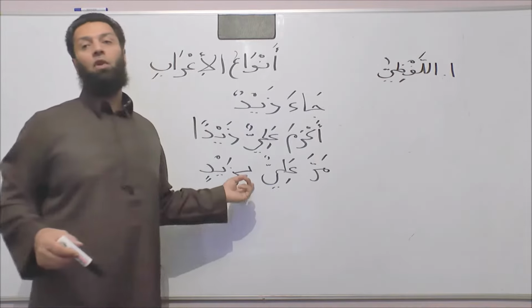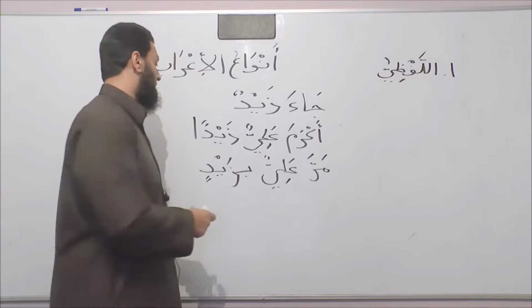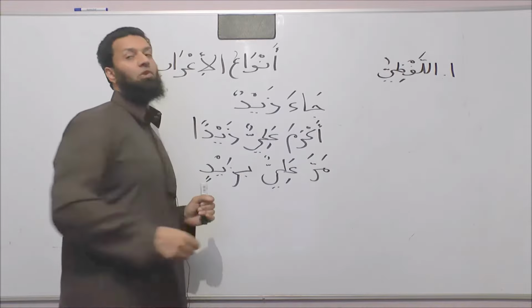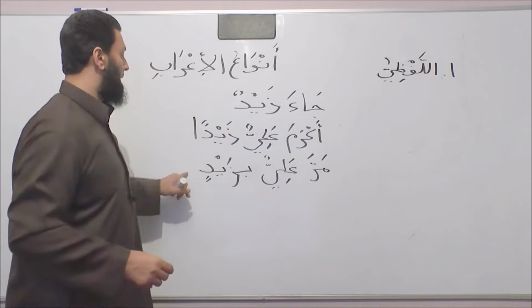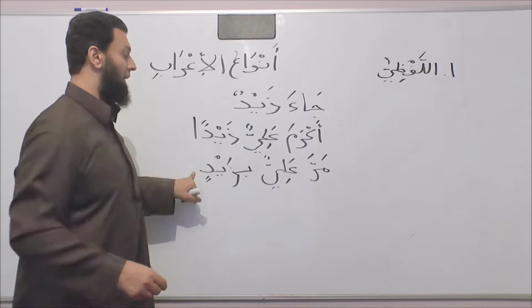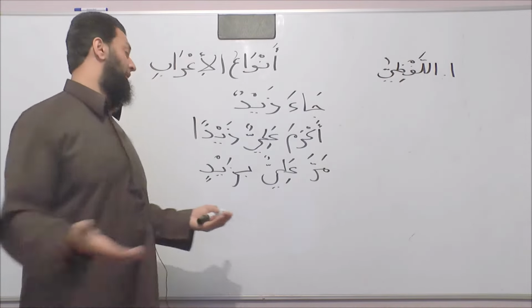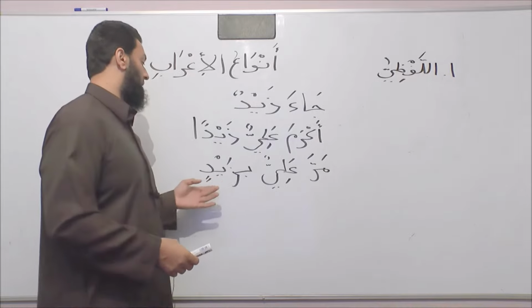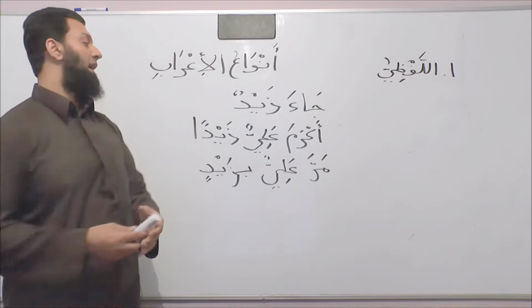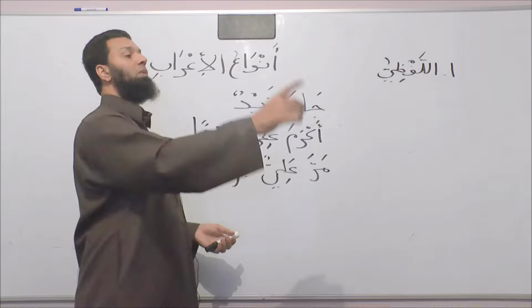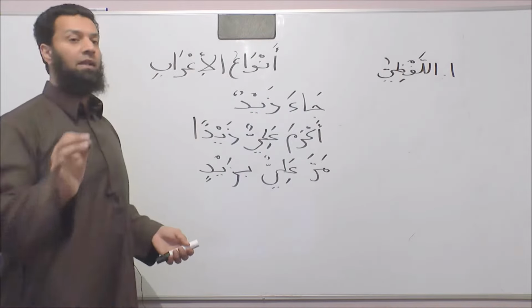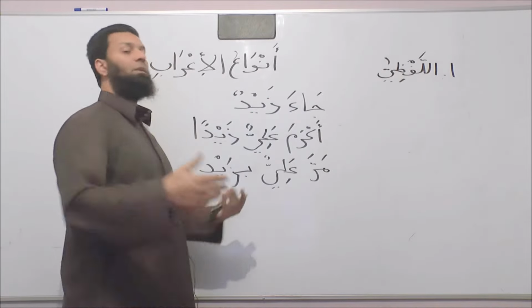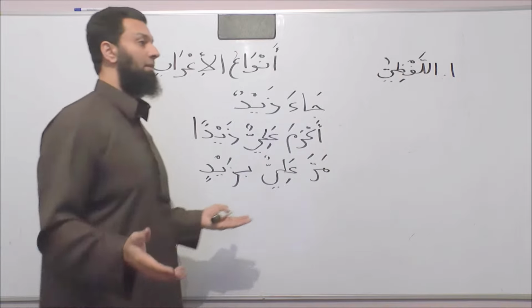Because it's following a harfu jar, and therefore it is now majrurun. In this example, if we were to ask ourselves what is the indicator for it being majrurun, we would say alamatu jarrihi al-kasratu al-dhahiratu fi akhirihi. It is a kasrah which is apparent upon the end.